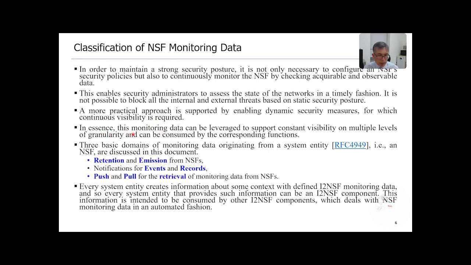In essence, this monitoring data can be leveraged to support constant visibility on multiple levels of granularity and can be consumed by the corresponding functions. So we have three basic domains of monitoring data from RFC 4949: retention and emission from NSFs, notifications for events and records, and push and pull for the retrieval of monitoring data from the NSF.